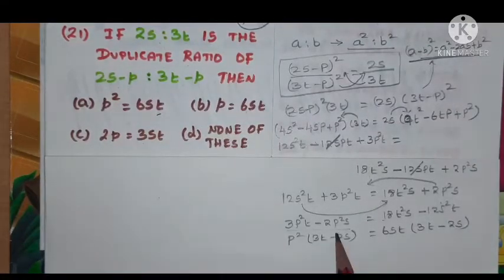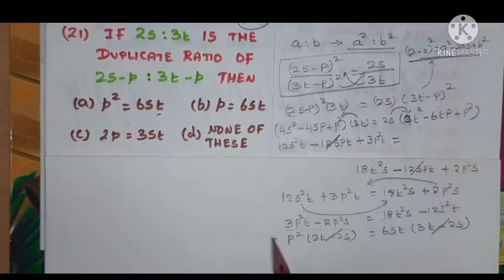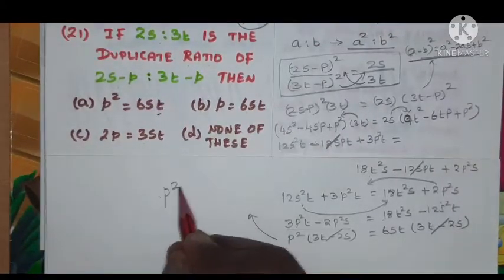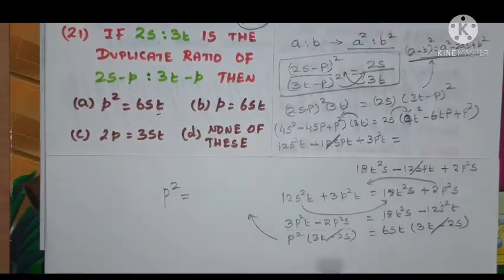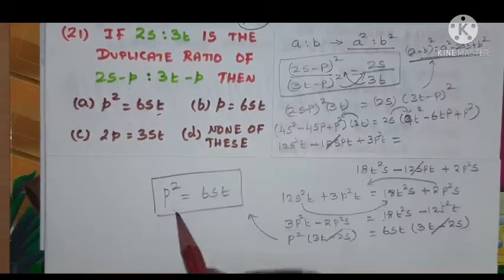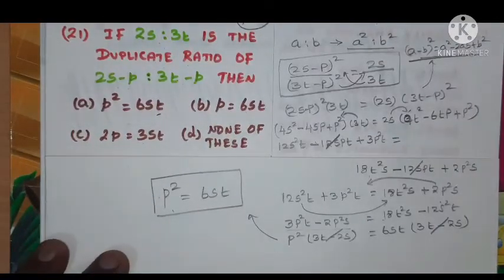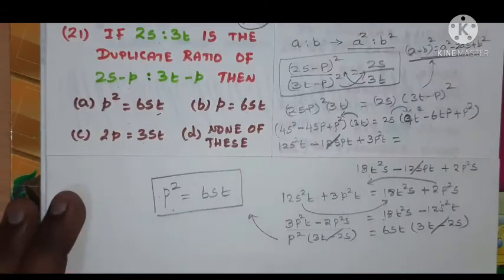So look, this 3t minus 2s and this 3t minus 2s will cancel. So p² is equal to 6st we got. So p² is equal to 6st, that is the answer we got here.